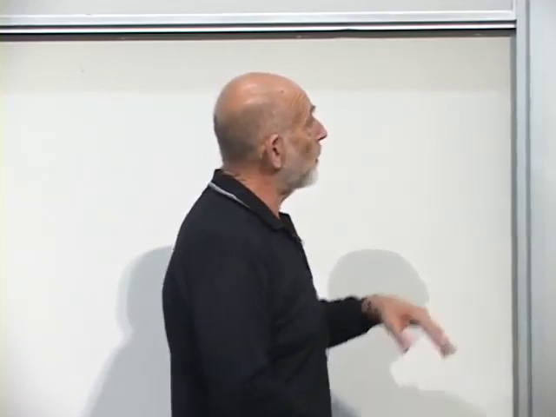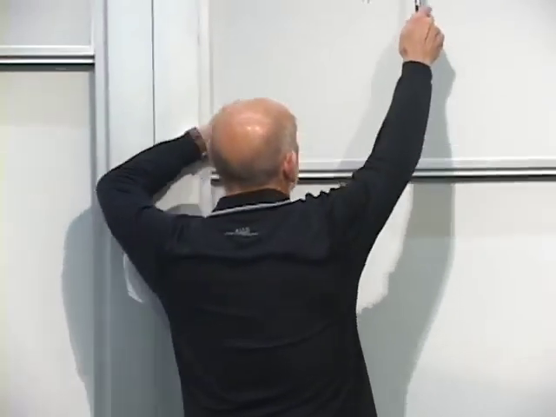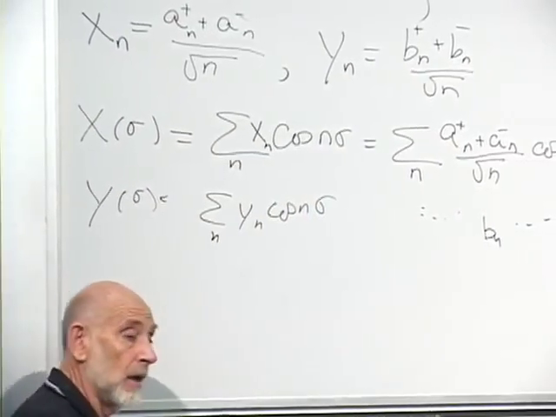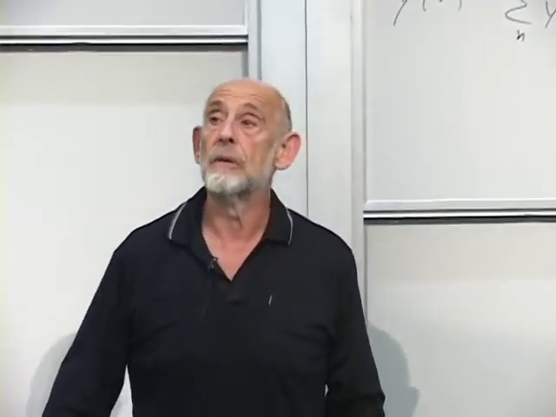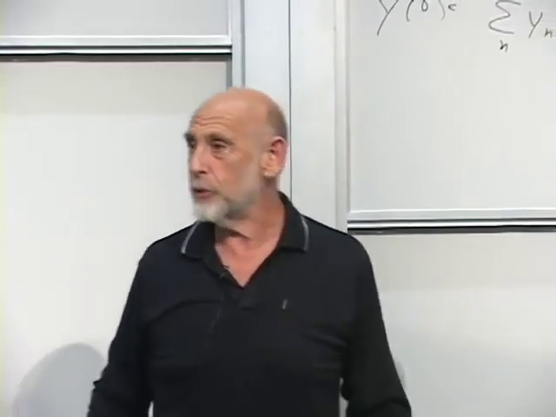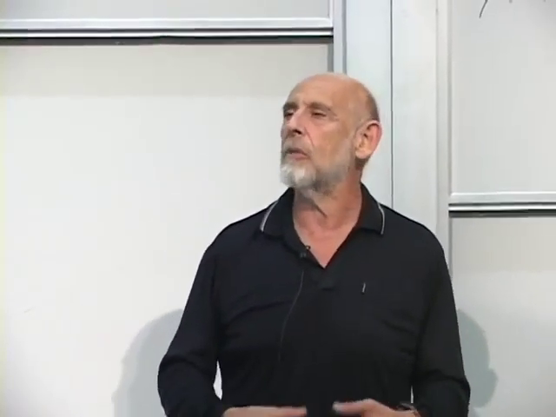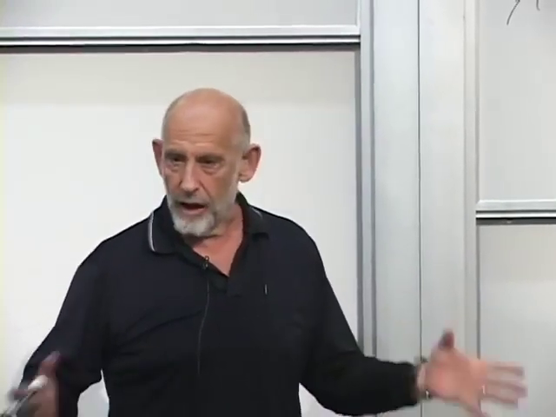The x sub n is a function also of sigma? No, no, no. X sub n's are the Fourier series coefficients. All of the sigma dependence is here. This is the sigma dependence. What do the xn's depend on, though? Time, time. There's time in this infinite momentum frame, which we gave a name to. We called it tau. When I write dots, dots always refer to the time in this non-relativistic analogy, which I didn't call t because I didn't want to confuse it with time in the rest frame.